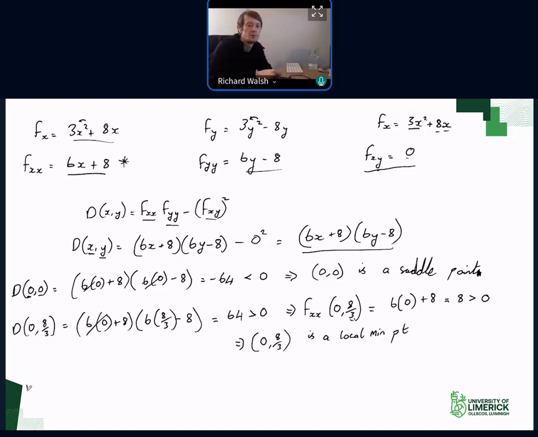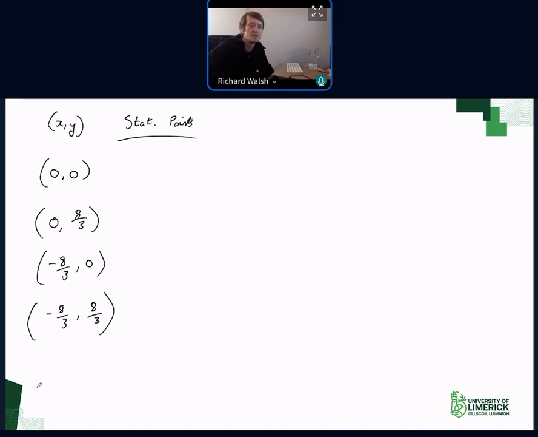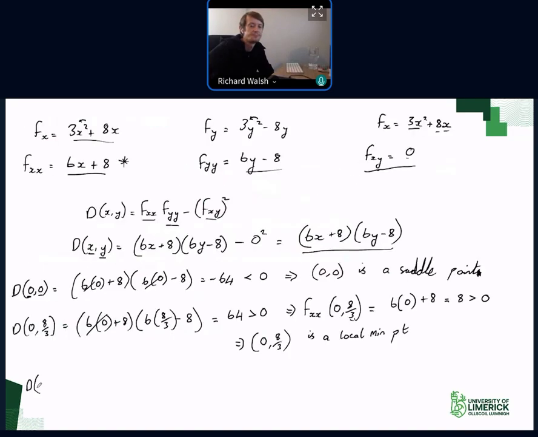We'll fit one more in, I'd say, on this slide. So the next one was minus 8 over 3, comma 0. So x is minus 8 over 3. y is 0. And I'll substitute those values into my d expression above. So 6 times x is minus 8 over 3, and y is 0.